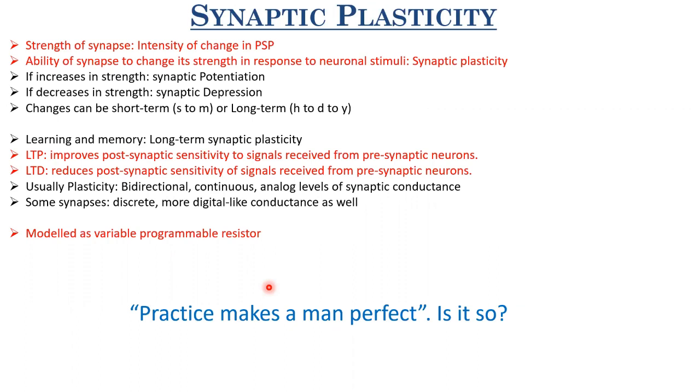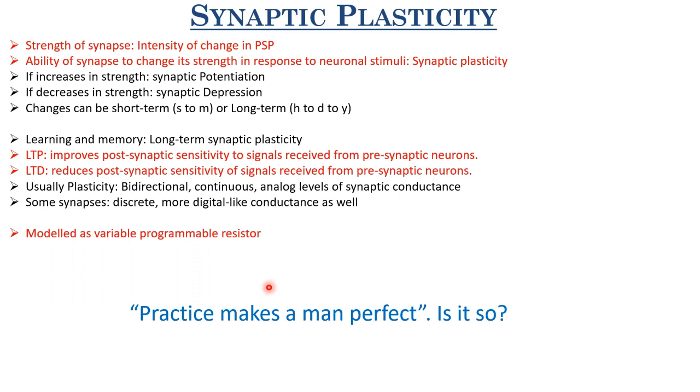If you perform one task more number of times, then the strength of the synapses that connect those neurons increases. With every attempt at that task, the synaptic plasticity, or I would say the synaptic strength, of the neurons responsible for that task increases. And because of that, we say that the more times you do it, the better your performance becomes.